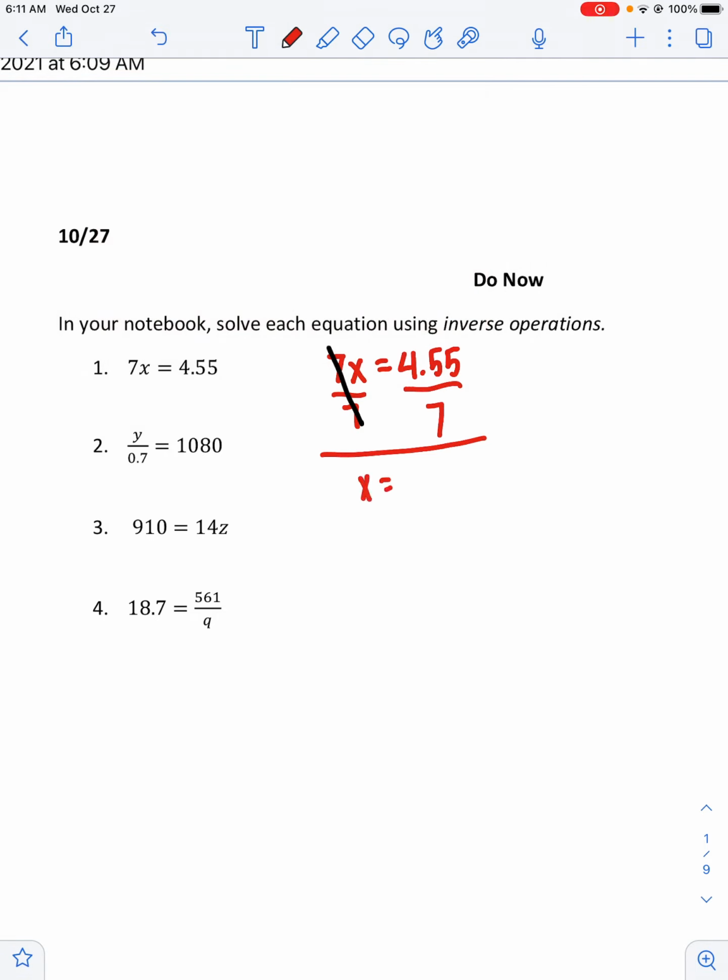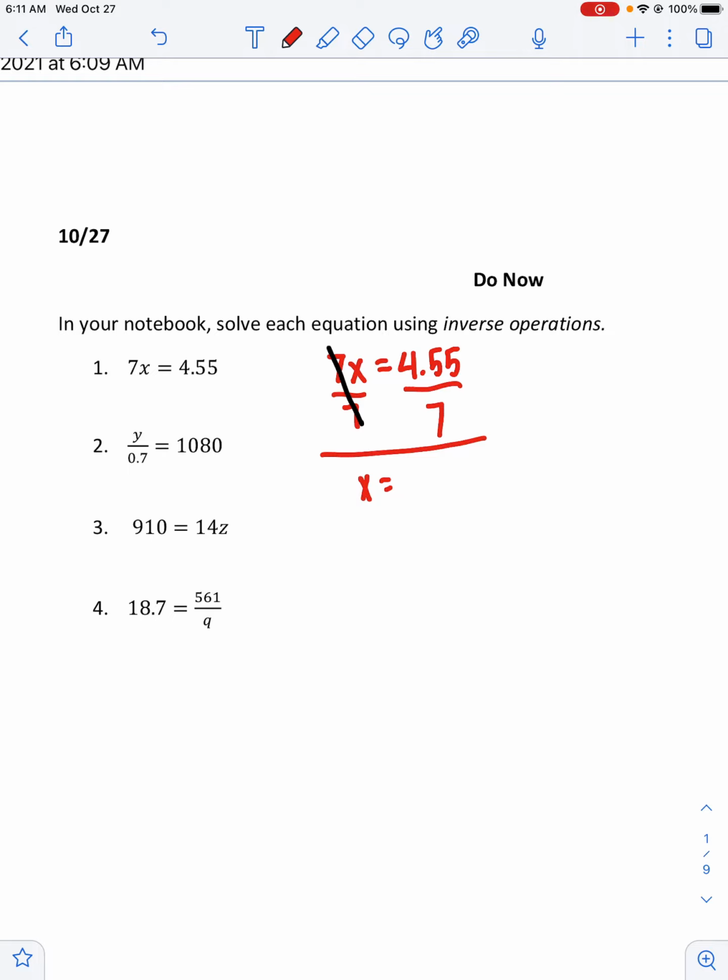And x is simply the quotient of 4.55 divided by 7, which is something that you would probably need a calculator for. But remember that when we have a fraction bar like that, 4.55 over 7, it does mean division, even when we haven't written it with the actual division symbol.